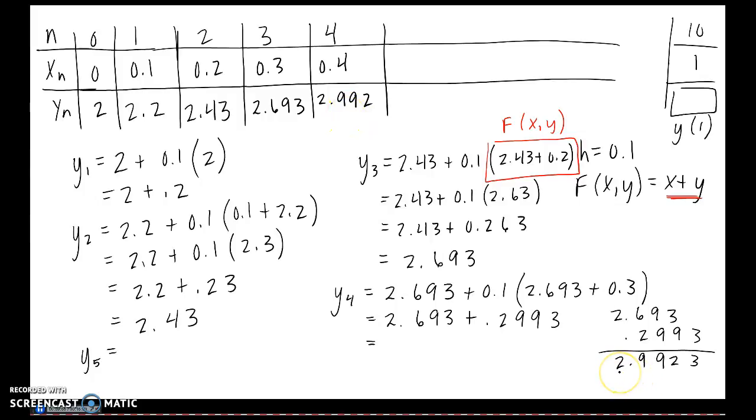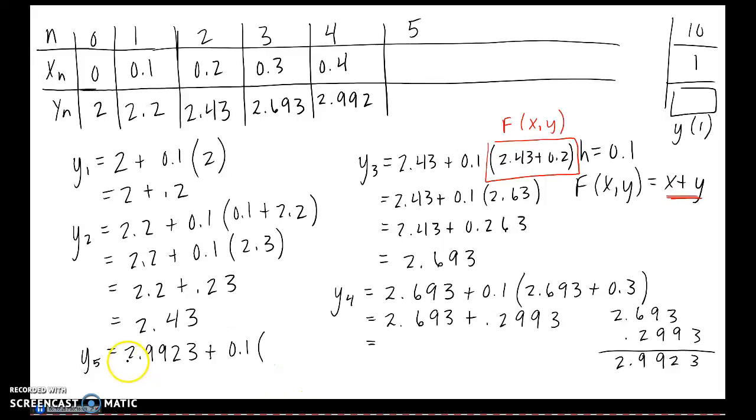But when I go to find my fifth y value, I'm going to use the whole decimal, the 2.9923. I'll check for you to see if you would need to do that. But again, on the AP test, you're not doing 10 steps, okay? It's too time consuming and tedious to have it at this length. But let's just finish the fifth.